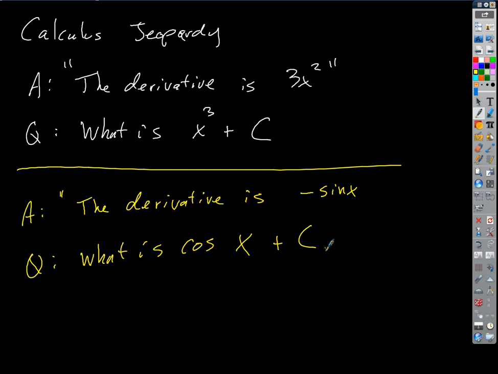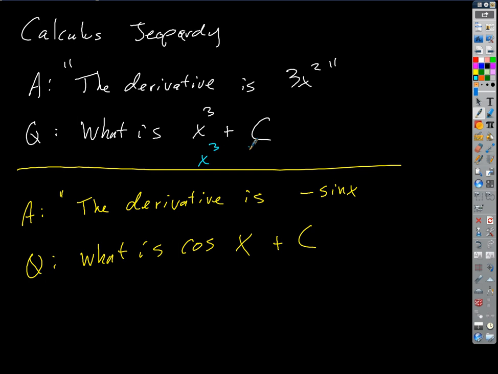Normally, every other year for the past 24 years or whatever, I've always just gotten the answer x cubed, and that is a correct answer. Then I ask, what's another correct answer? At first they have to scratch their head a little, but when we take the derivative of a constant, what is that? 0, right? So we have to account for the fact that there could be a constant attached to that x cubed.